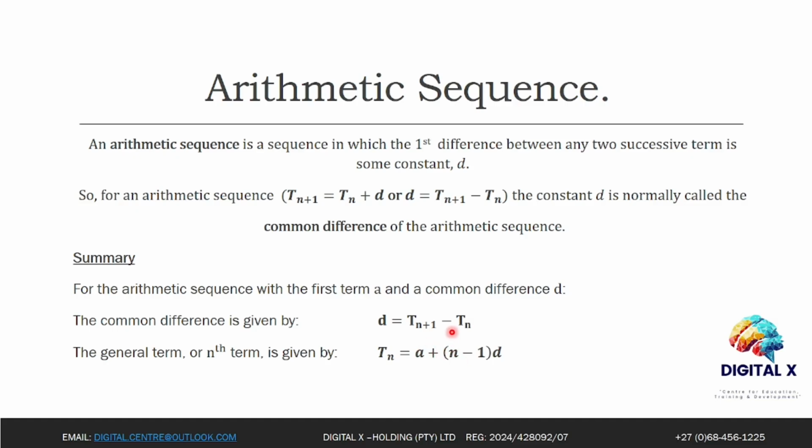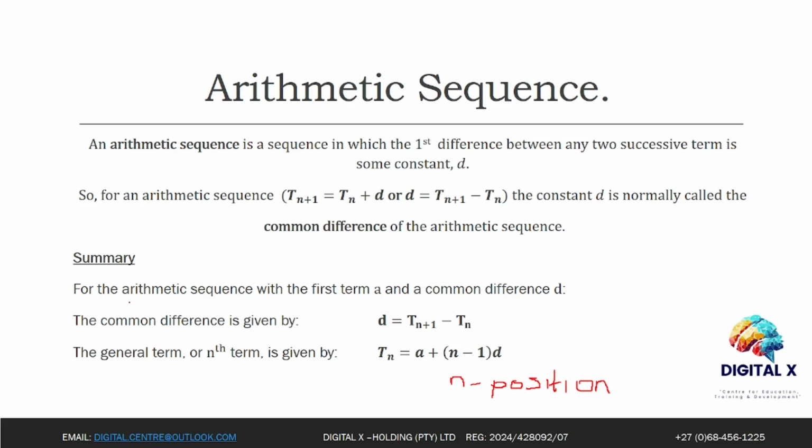This is the position. n is the position of the term.